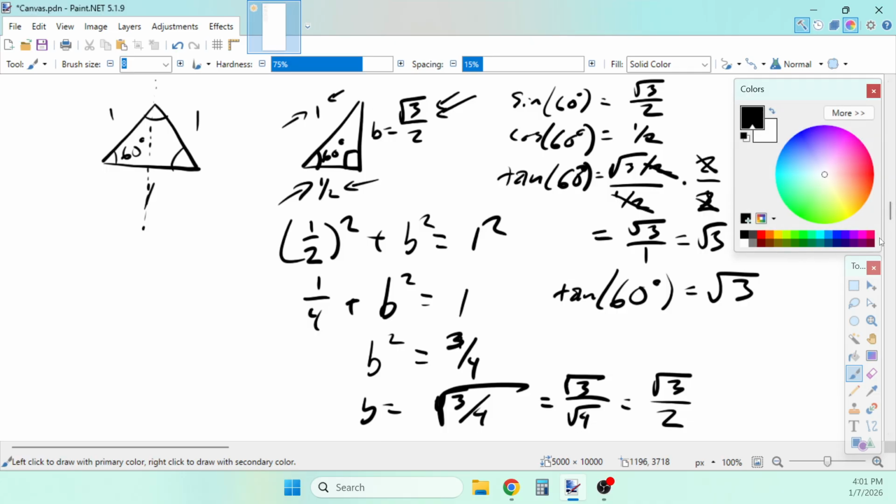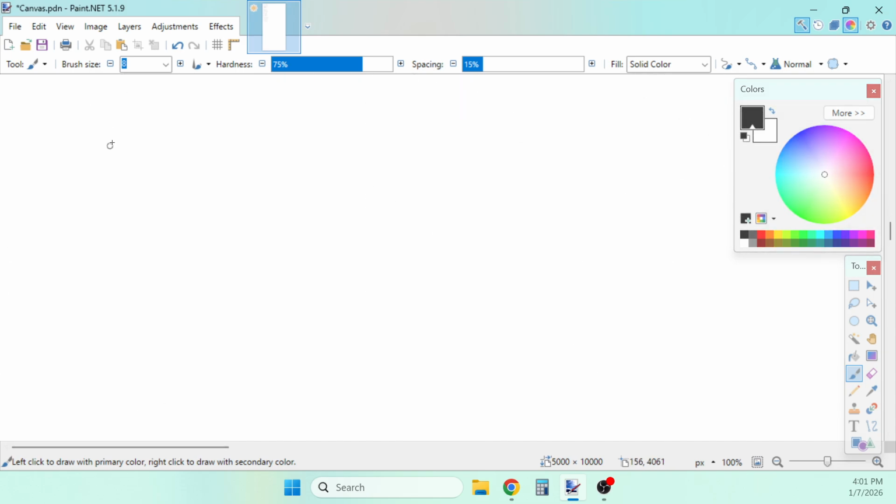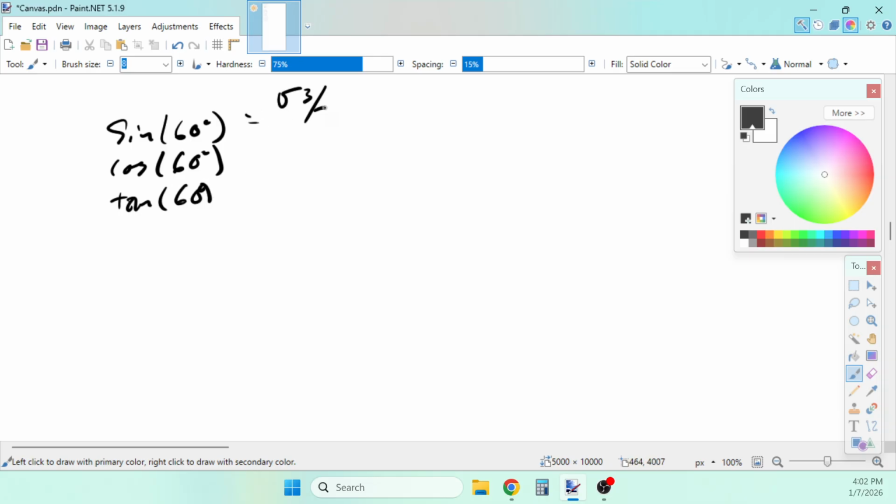Okay. So there's our sine of 60, cosine of 60, tangent of 60, which gives us square root 3/2, 1/2, and square root 3.